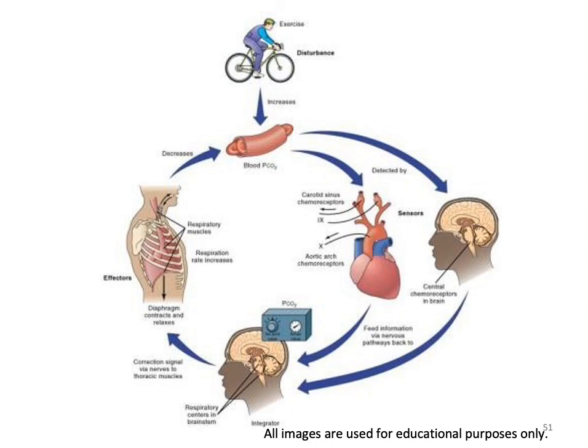Both central and peripheral chemoreceptors will send signals and information to the respiratory centers in the medulla oblongata. Then the medulla oblongata will process and transmit the correction signal to the effectors, which are the diaphragm and the intercostal muscles, to contract more.